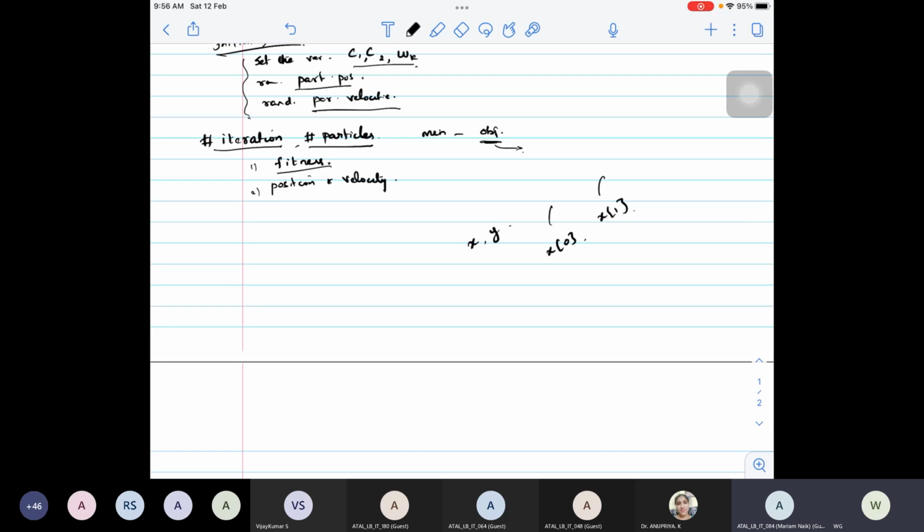What is the value of x of 0 and x of 1 for which x0 square plus x1 square is minimum? So what is the solution here?